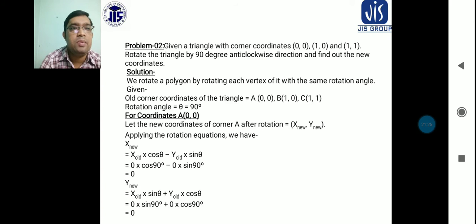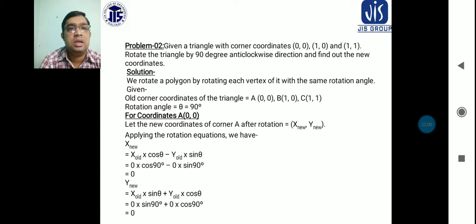The old corner coordinates of the triangle are A equals 0 0, B equals 1 0, C equals 1 1, and the rotation angle theta equals 90 degrees is given.